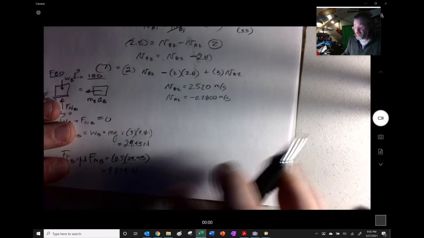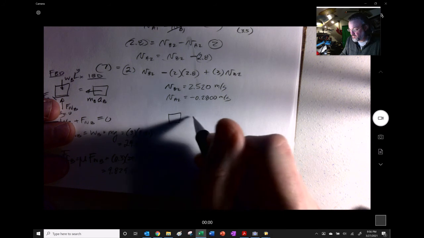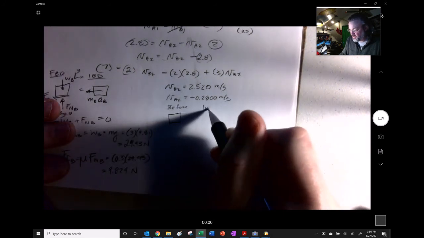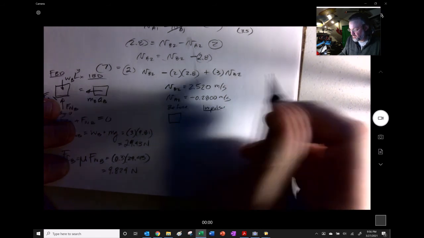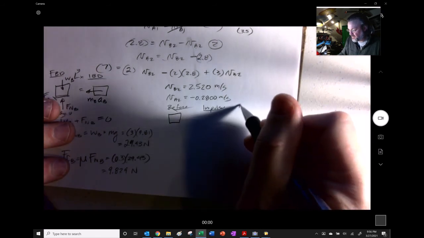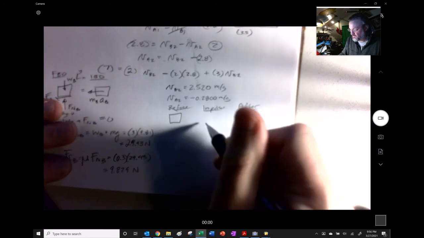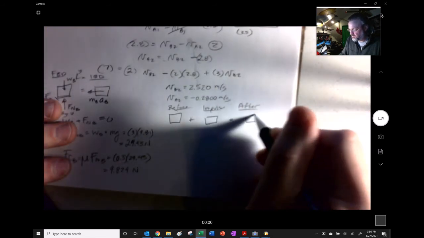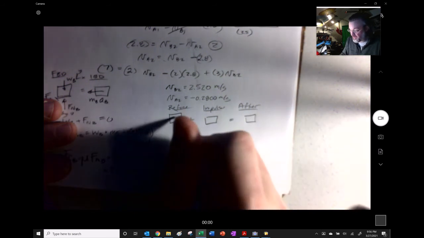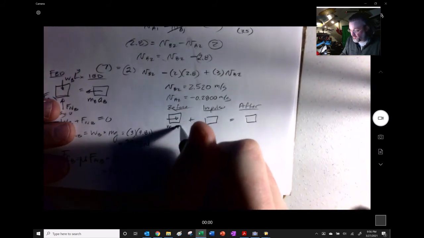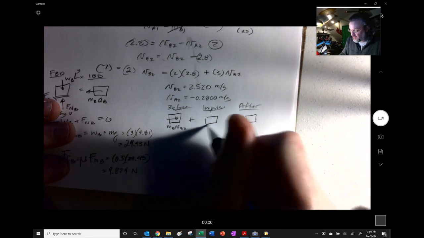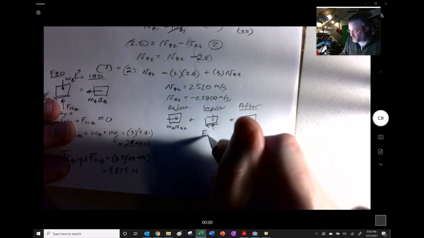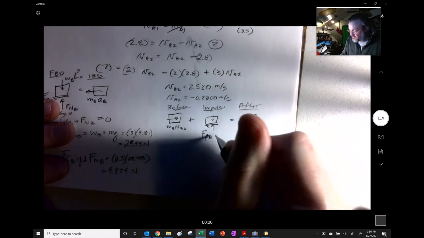Well, what I intended you to do was another before, impulse, and after. What we have here is m_B v_B2, and now we have an impulse happening right here of the friction times delta t.